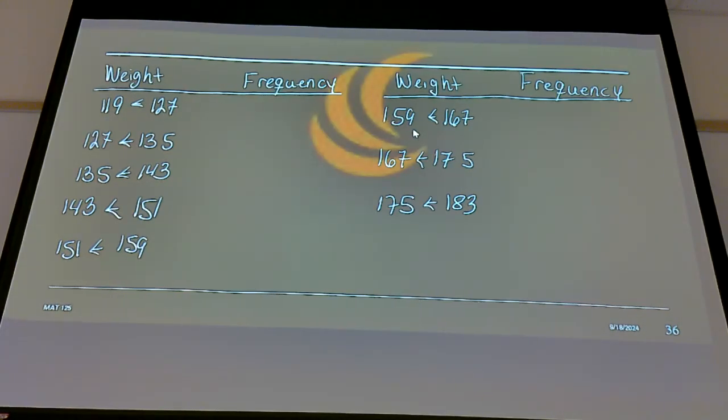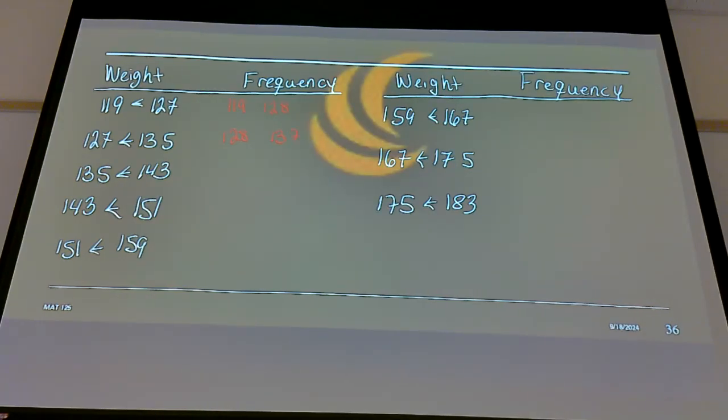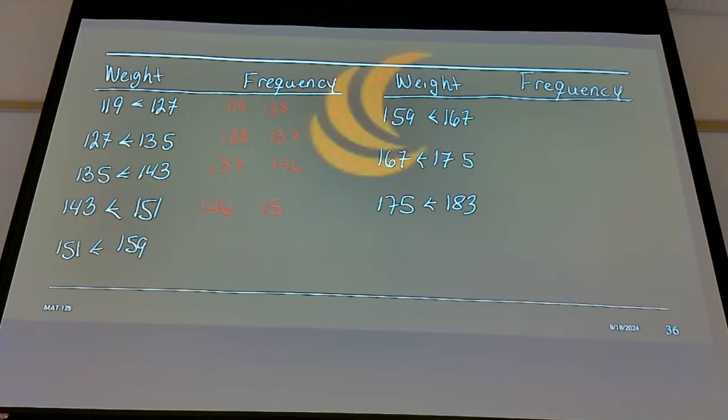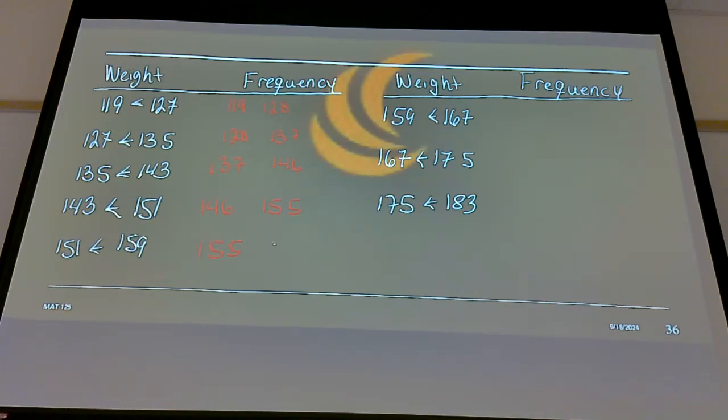So the classes would go 119 to 128, then 128 to 137, 137 to 146, 146 to 155, 155 to 164, 164 to 173, 173 to 182.